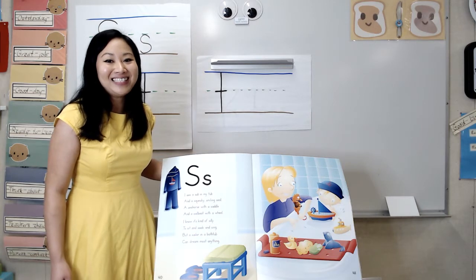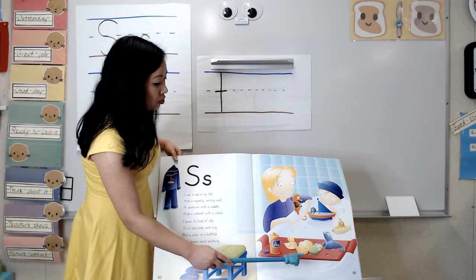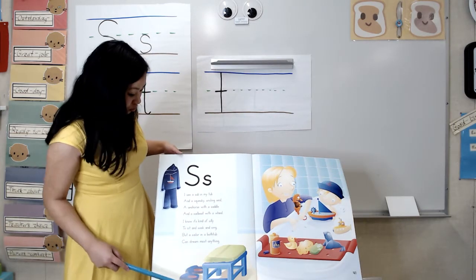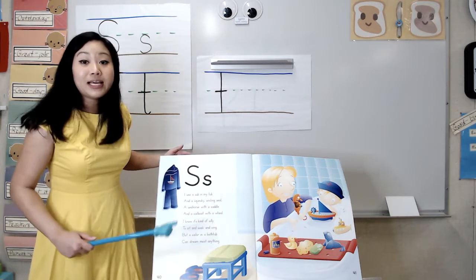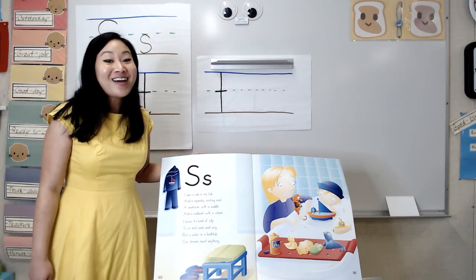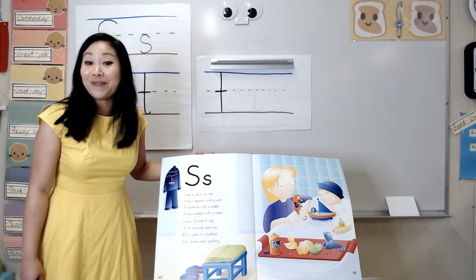What else do you see? Well, there's some soap and a sponge. I think there's shampoo. He has a towel on a stool and some slippers, and it looks like his clothes are hanging on a hook. Wow, we made a lot of really great observations. I think we're ready to read our poem about the letter S.